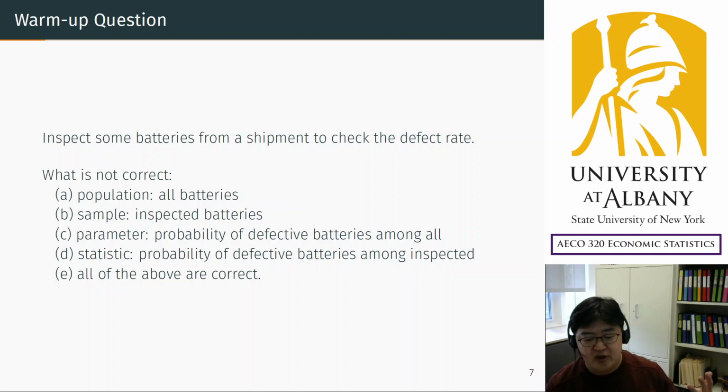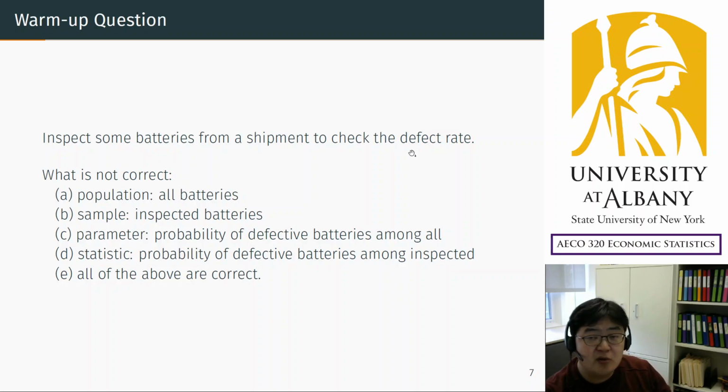You are in charge of inspecting the battery shipments into your factory, and you'd like to estimate the defect rate. That is the parameter, right? I already said it. So you wonder how many batteries shipped to your factory are defective.